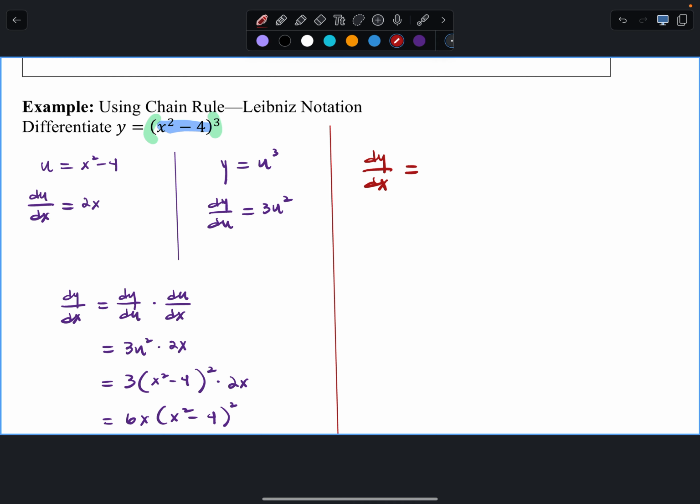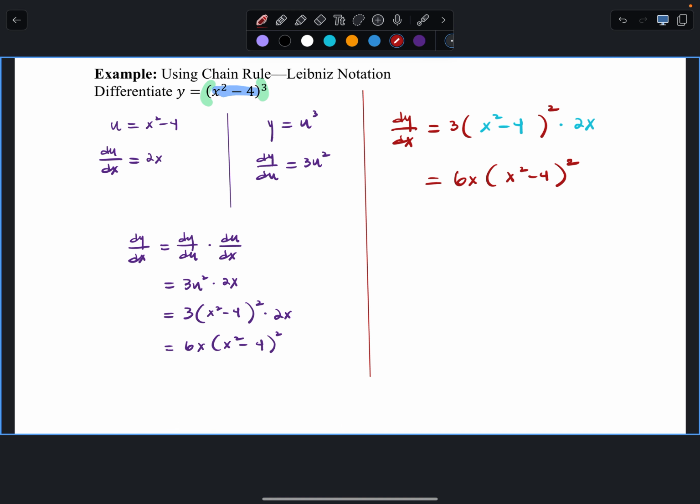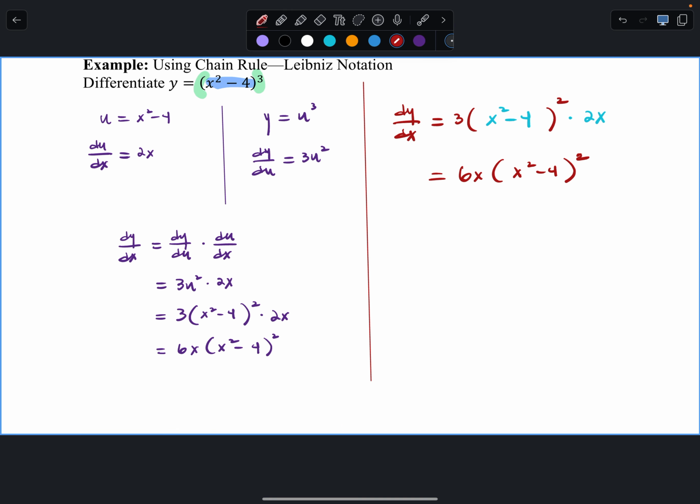Outside function, inside function. So derivative of the outside would bring the 3 down, subtract 1 from the exponent. Leave the inside alone, and then times the derivative of the inside, in this case times 2x. Right, which is the exact same thing that we had before.